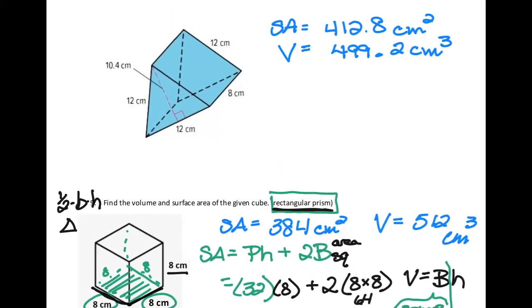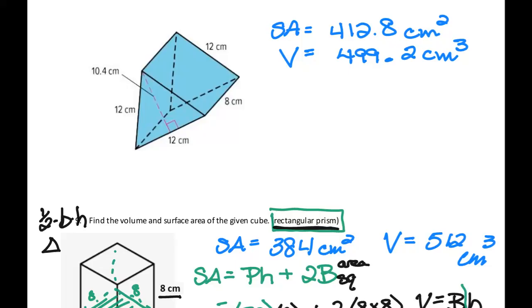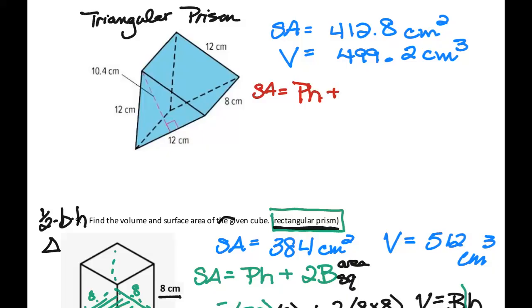All right. Oh, yes. Everybody's favorite, the triangular prism. Okay. So this is a triangular prism. Surface area, as I look at that formula for a prism, is perimeter times the height plus 2 times the area of the bases.